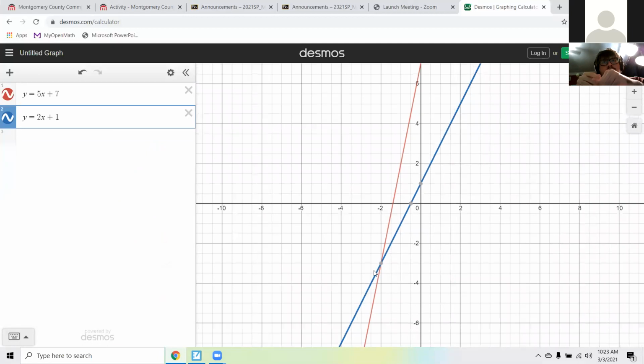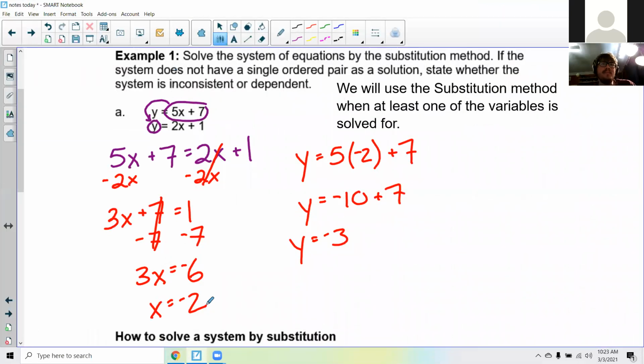Here's the two equations, and notice that they cross right there, negative 2, negative 3. So we're good to go. Normally they want you to write it as a coordinate, so you can say this is negative 2 comma negative 3.